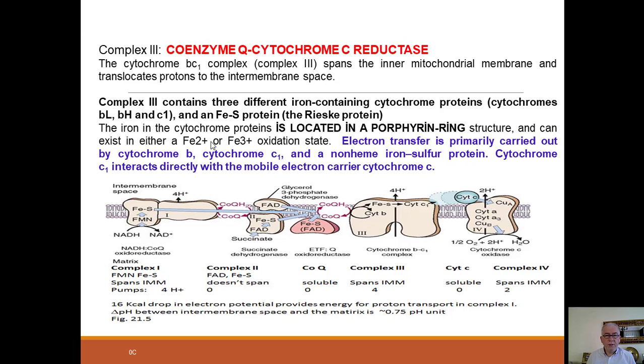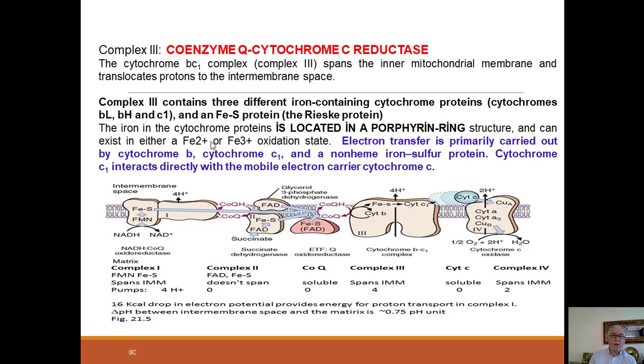Complex 3 contains 3 different iron-containing cytochrome proteins, cytochrome b and c1, and another iron-sulfur protein called the Rieske protein.